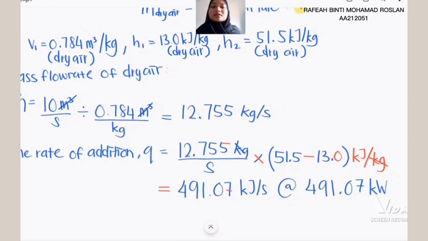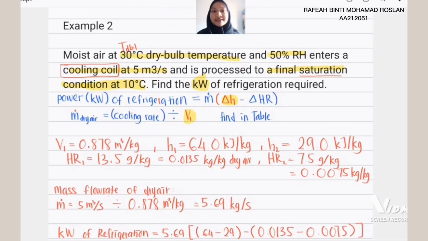Then we get 12.755 kg per second. Then we can calculate the rate of addition, and we get 451.07 kilowatts.